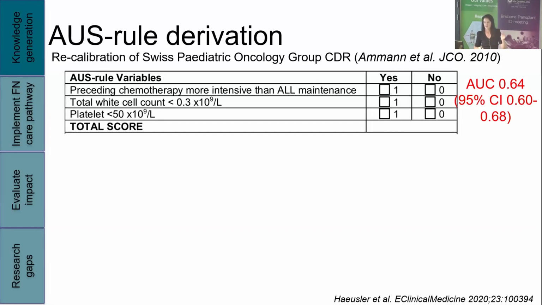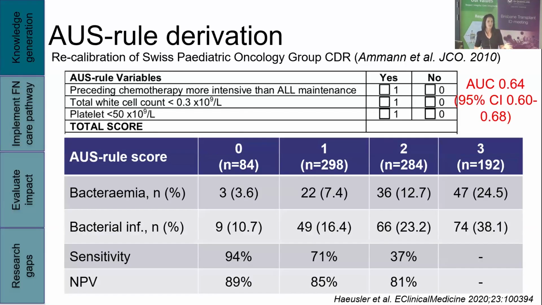You can see it has 3 variables, a 1 or a 0, and you can score anywhere between a 0 and a 3, 0 being lowest risk, 3 being highest risk. However, despite our best attempts to recalibrate, and we wanted to avoid overdoing it and overfitting, our AUC was still only modest at best at 0.64.